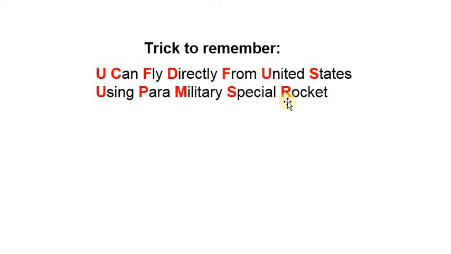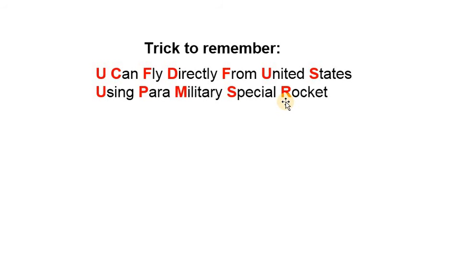F in fly represents the fundamental rights. D for directive principles of state policy. F for fundamental duties. U for union government. S for state government. U again union territories. Then P for panchayat. M for municipalities. S for the cooperative societies and R for the tribal areas.